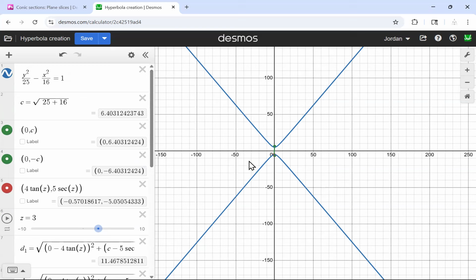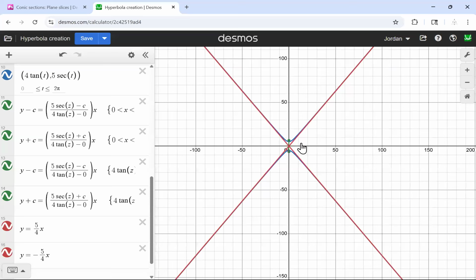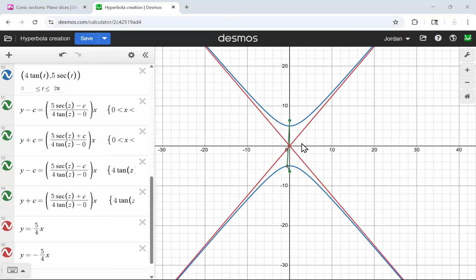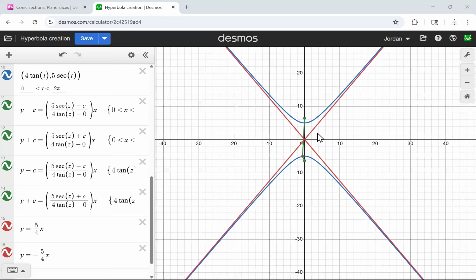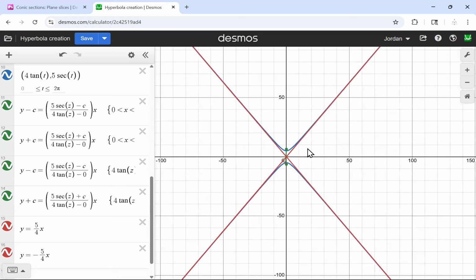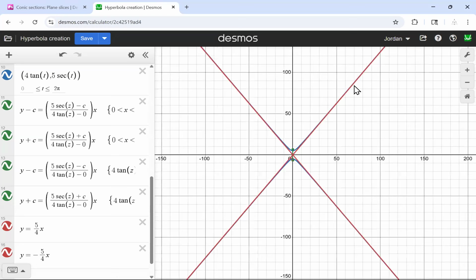And the slope of the asymptotes here would be 5/4, because I have a 25 underneath my y squared and a 16 underneath my x squared. And if I highlight those two lines, y equals 5/4 x and y equals -5/4 x, you can see that those are the two lines that our hyperbola approaches as we move further and further out in all four directions.